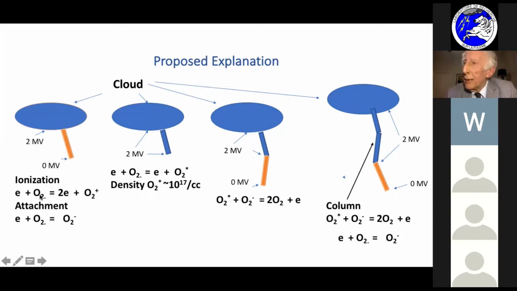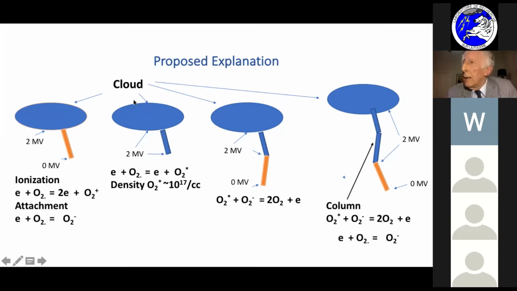Electrons get energized by the electric field and can ionize oxygen, creating another electron, and you get an avalanche growing, doubling, doubling, doubling. That's in regions of high field. In regions of low field, electrons attach onto oxygen. The attachment rate is very high, and they form negative ions in nanoseconds, and negative ions don't do anything very much.